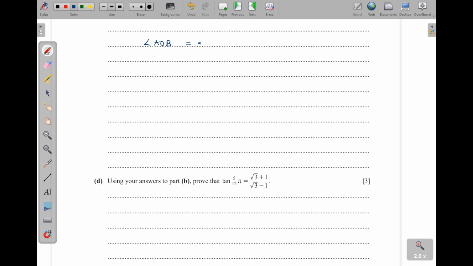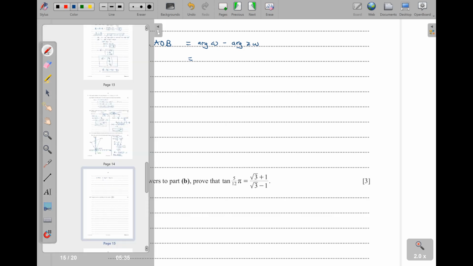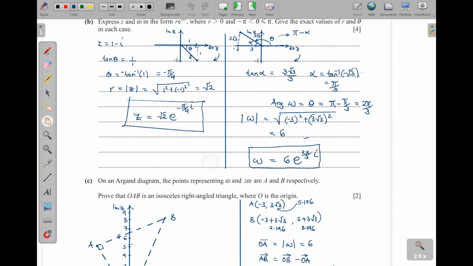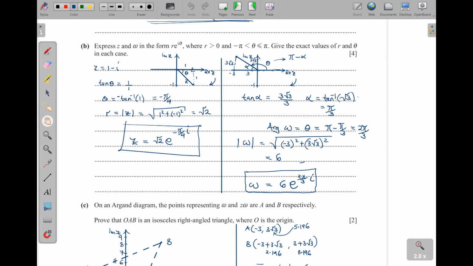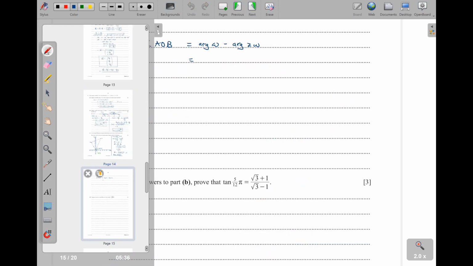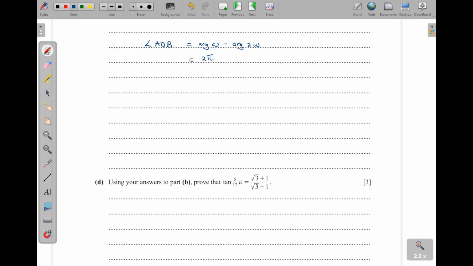I've said it is equal to the argument of omega minus the argument of Z omega. So the argument of omega, if we can check here, is 2 pi over 3. We got it here. So 2 pi over 3. Then minus this one here, Z omega.